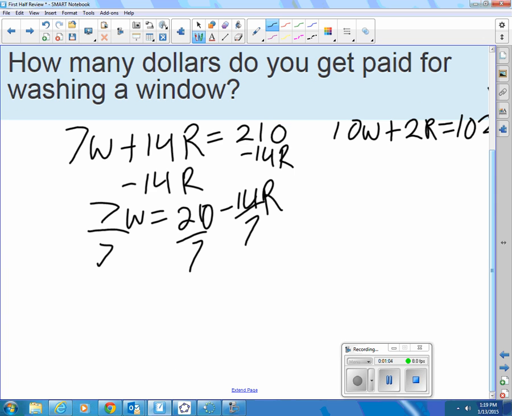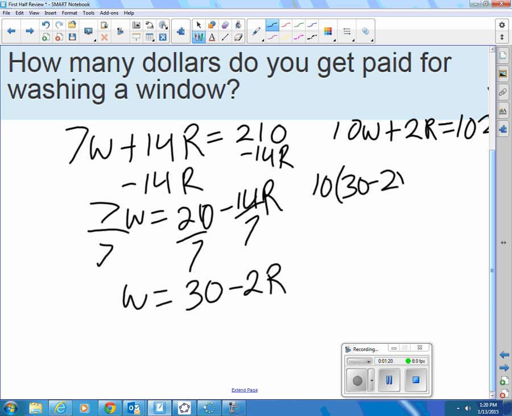That tells me that one window is worth $30 minus what I get paid for 2 rooms. So in this other equation, let's write 10 of those, plus the 2 rooms equals 102.